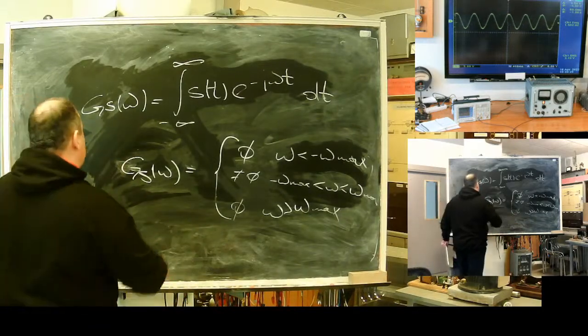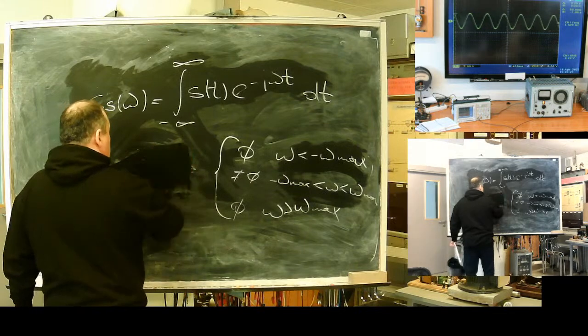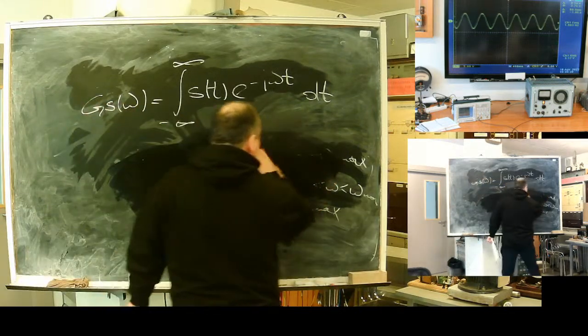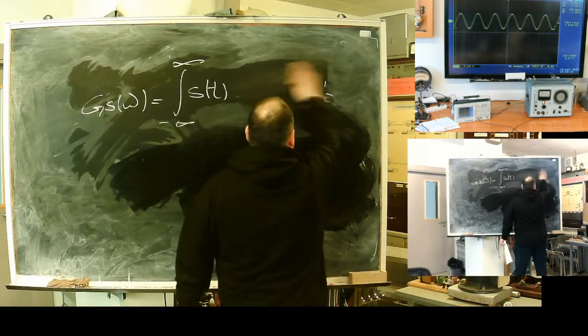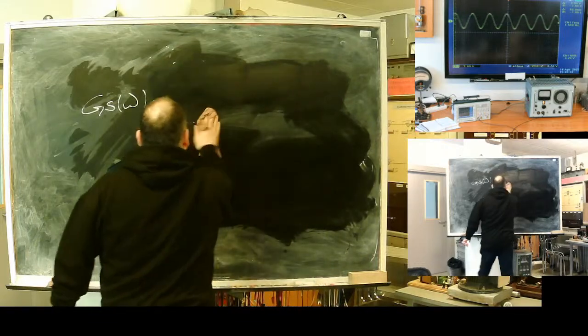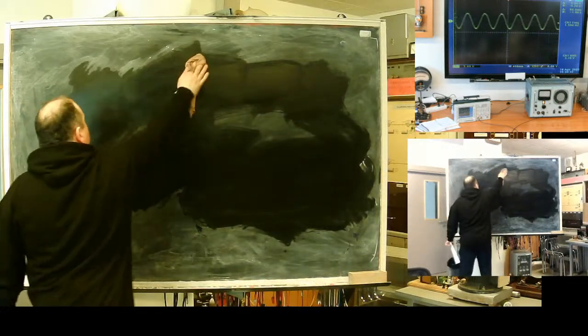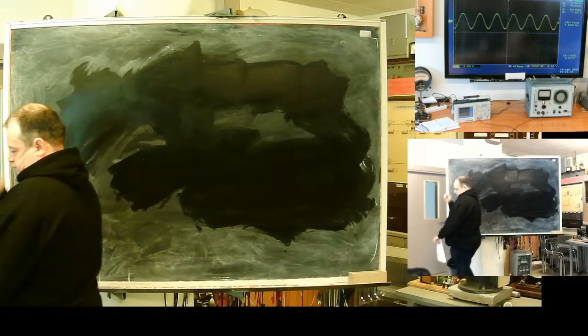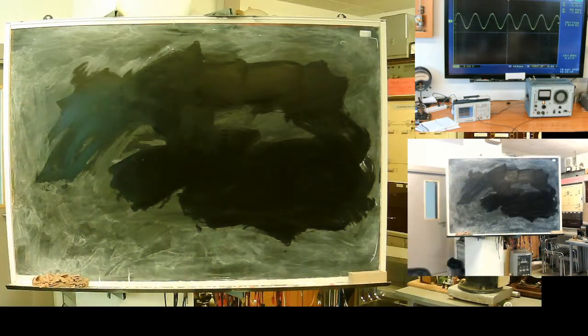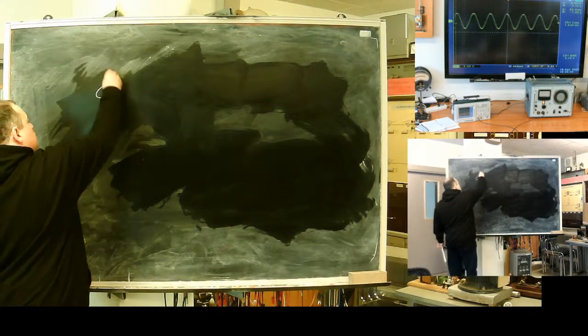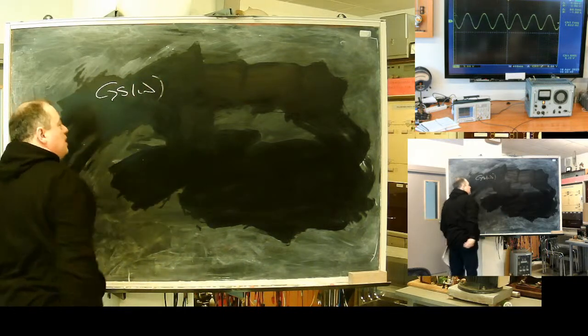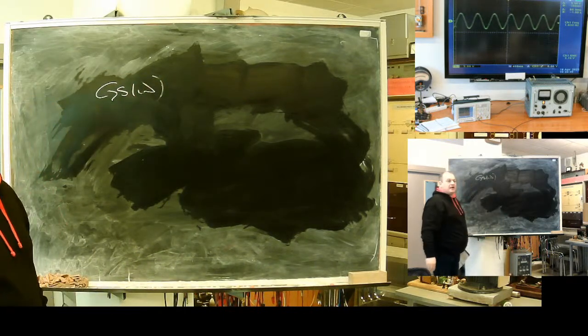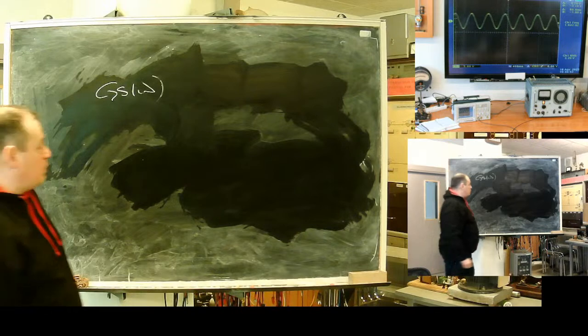And here is the trick. I can assume that G(omega) is a kind of signal and apply a Fourier transform on it.